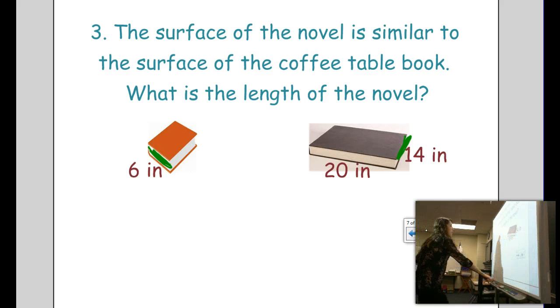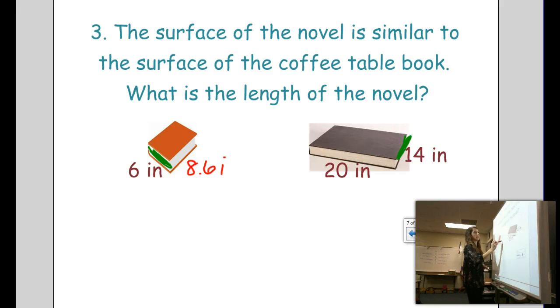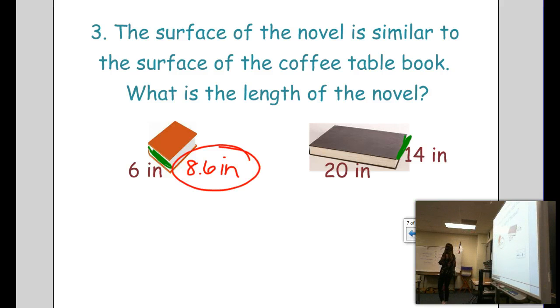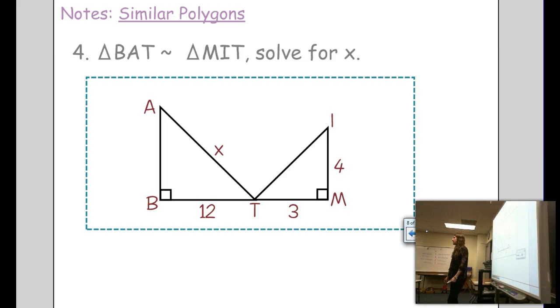Okay. So the length of this one is 8.6 inches. And when we do have real-world problems, you do need to label, put units on your answer so that I know it's not feet or meters or miles or leap years. It's 8.6 inches. Flip over to the back, please.